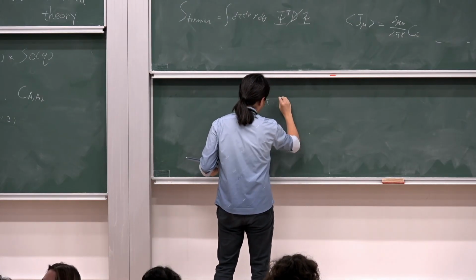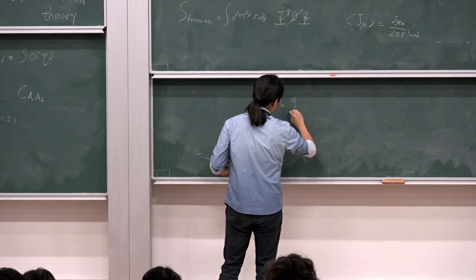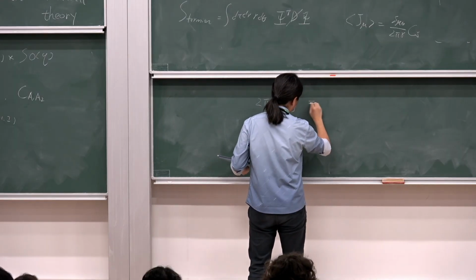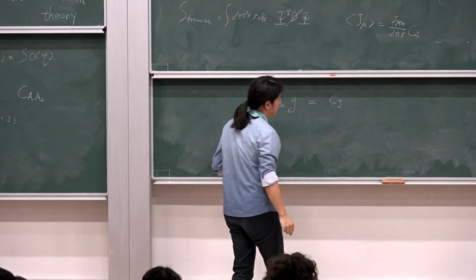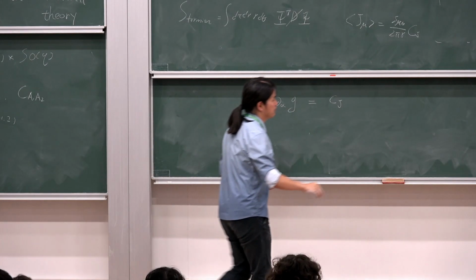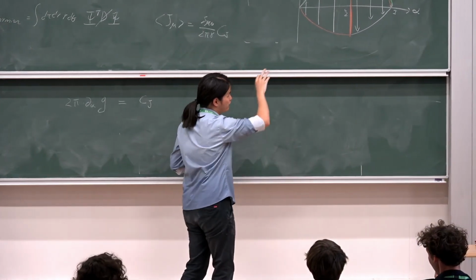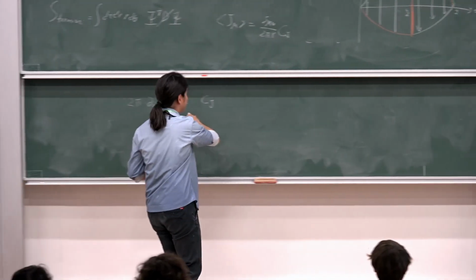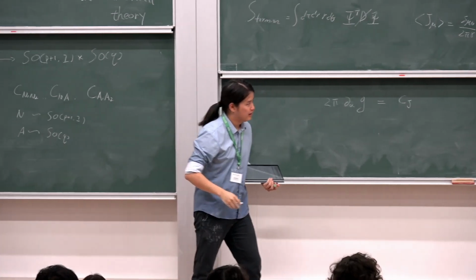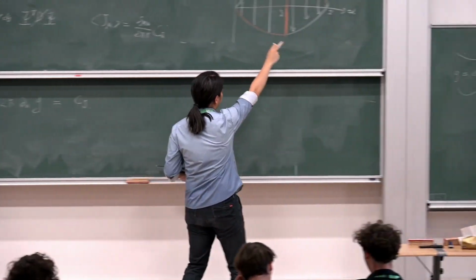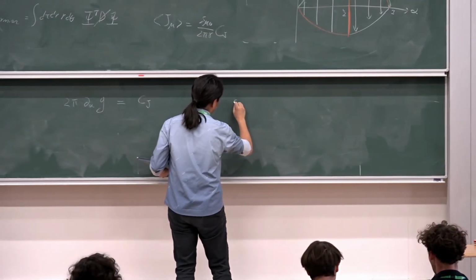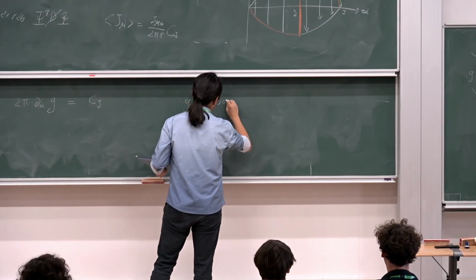You can take a derivative of the G function with respect to alpha, and that is Cj. So that means you can just integrate this curve, and the integration tells you what the G function is for the conformal line defect. If you do that, this integral will tell you that G equals log square root of 2.